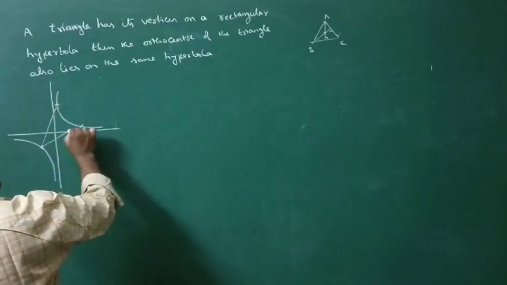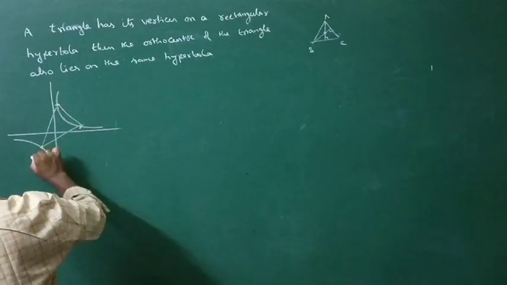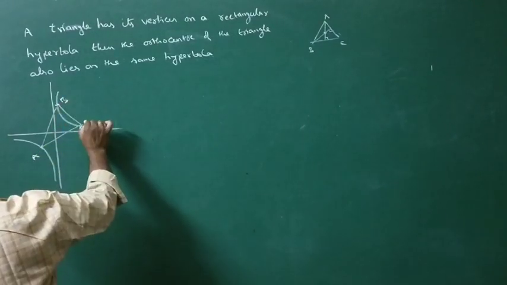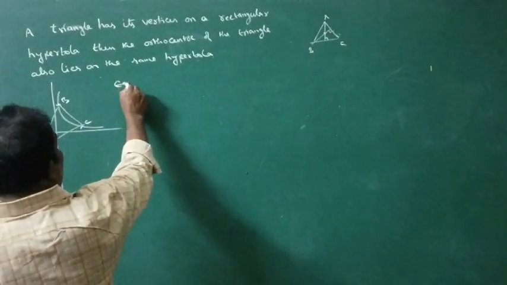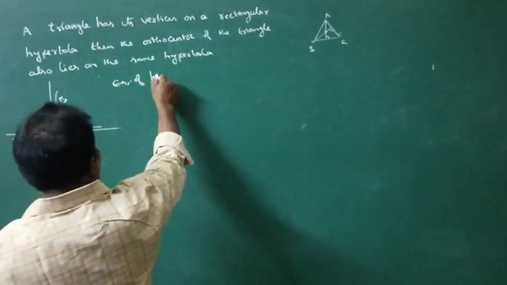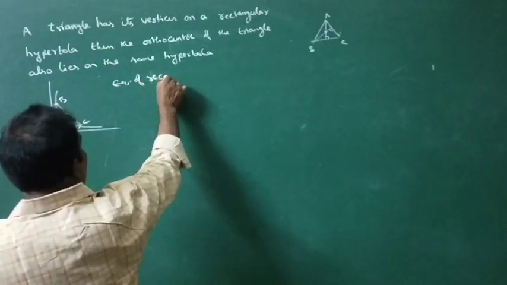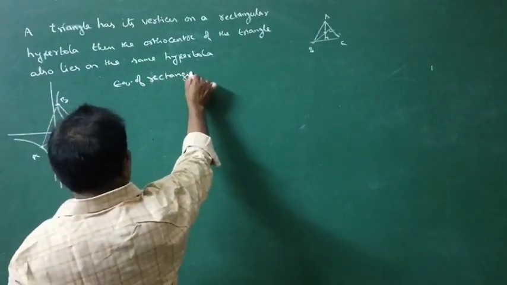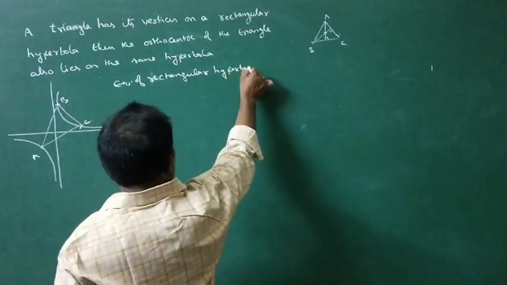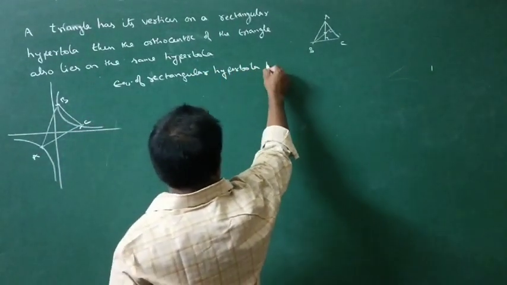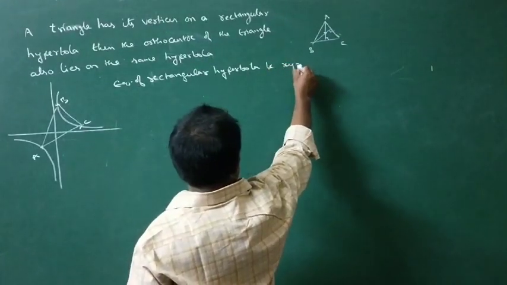These are the vertices of triangle, that will be A, B, C. Now listen. Equation of a rectangular hyperbola be xy equal to c square.